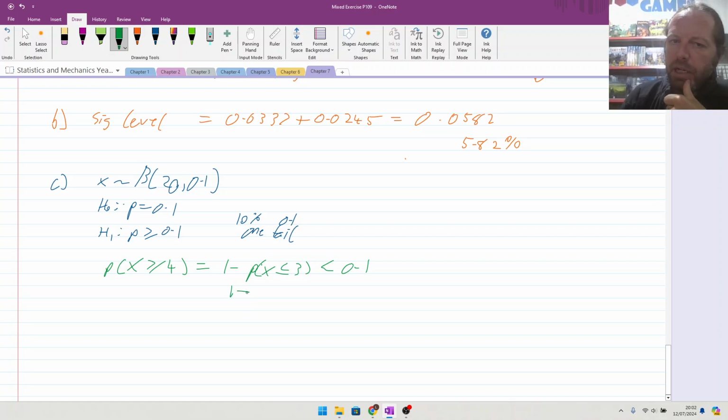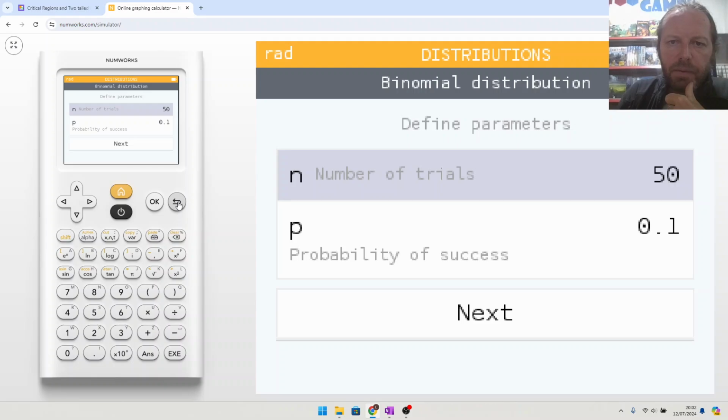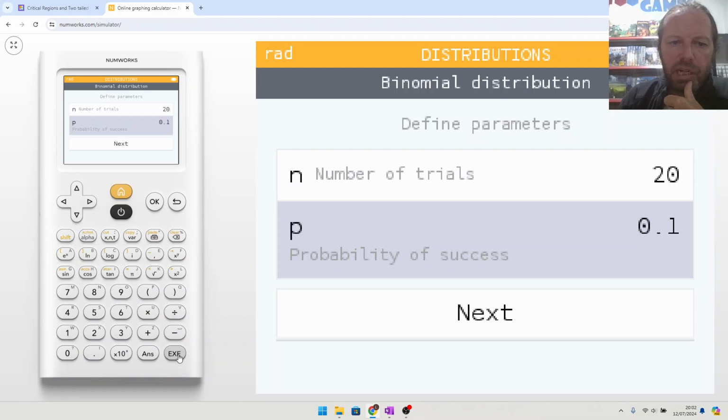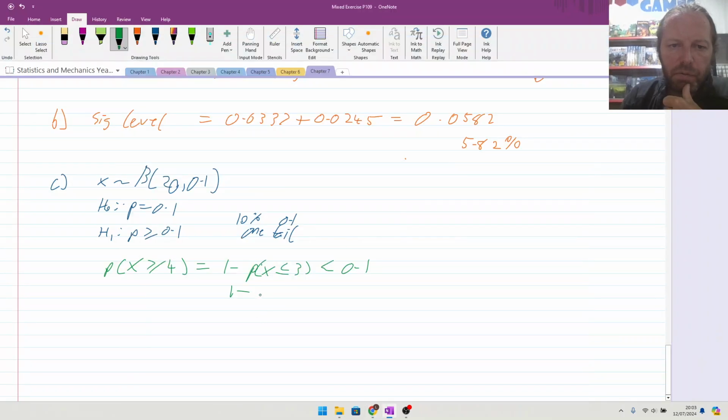1 minus, let's go have a look at the calculator. So go back, change our number of trials to 20. We're still on 0.1, that's fine. And we are now looking for this one here, of being 3. So 0.867. 0.867 is less than 0.1.